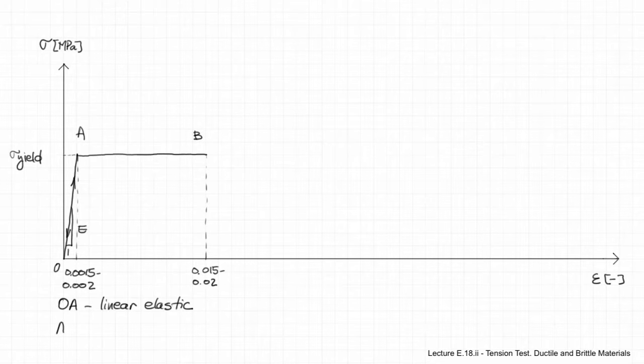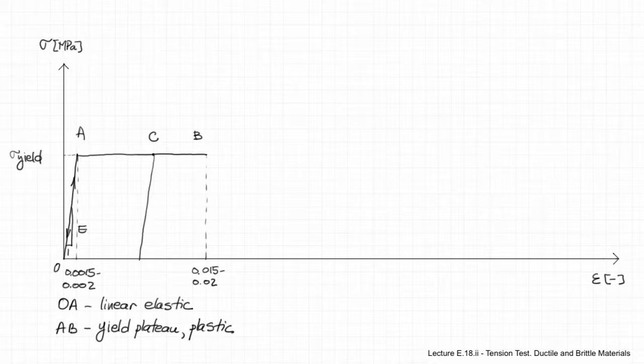Now, beyond point A, if we keep on testing the specimen, all of a sudden the specimen will experience a yield plateau in which deformations will be very large with minimal or no increase in the actual stress. That will happen until a strain of about 10 times the strain corresponding to the yield stress, in the order of 1.5 to 2% of strain.